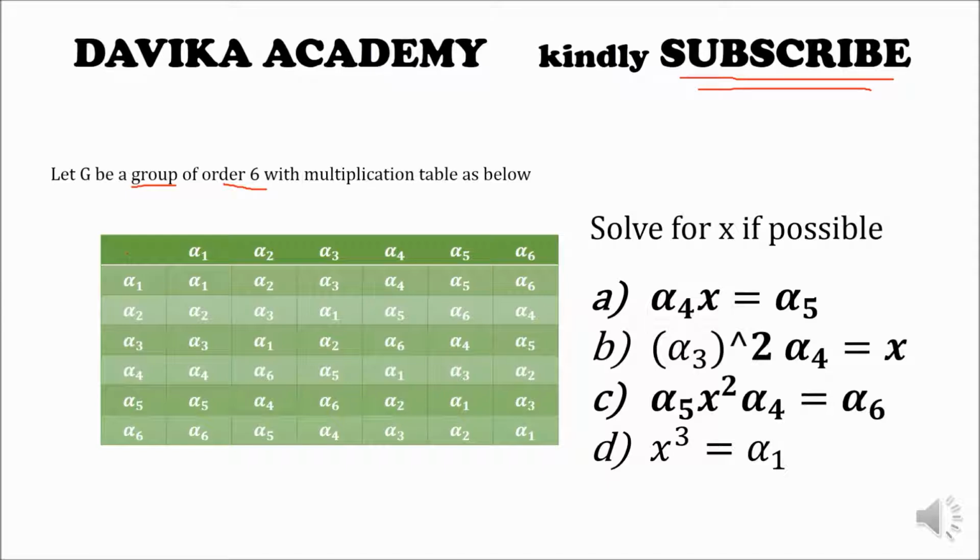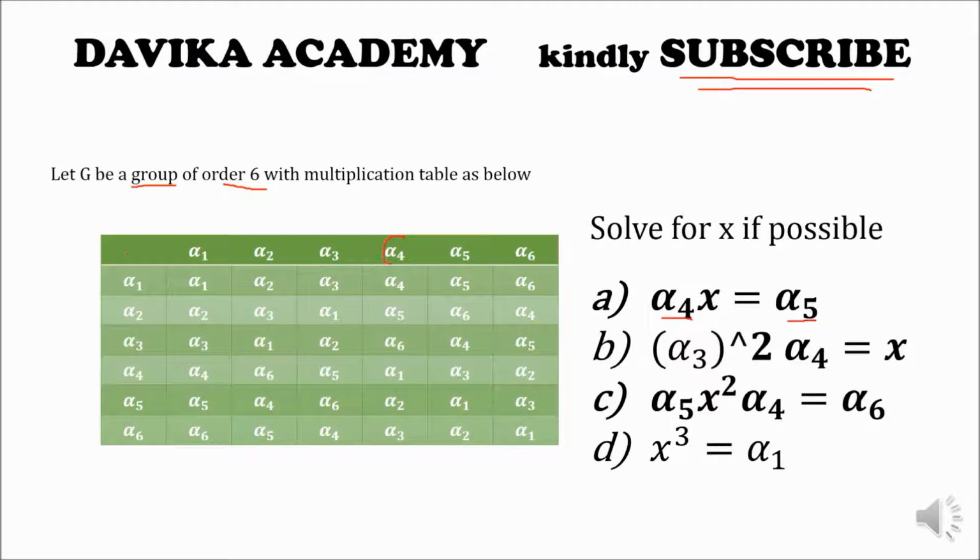In this case, we want to solve for the possible value of x given these questions here. This is alpha 4 by x, and we expect to get alpha 5.